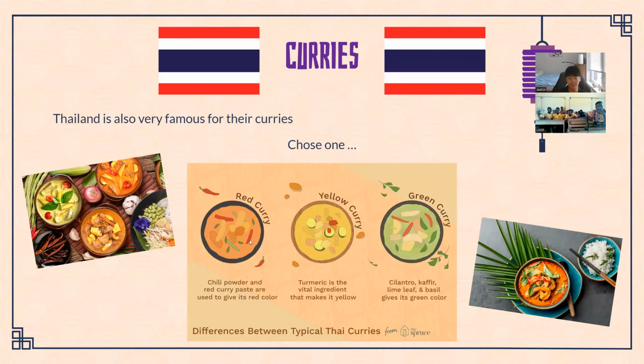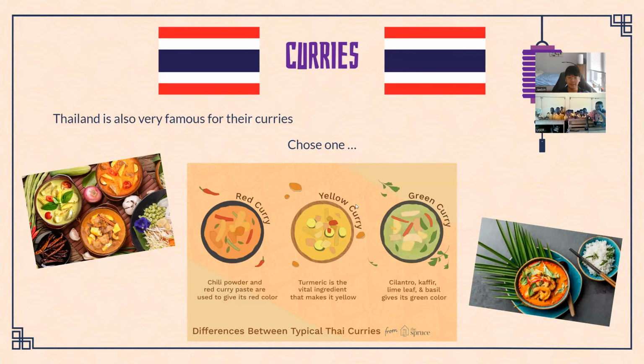The red one, as you can see, is a bit more spicy. And yellow contains more vegetables. And of course, green curry contains green vegetables, and kind of lime leaf and basil gives it the green color.